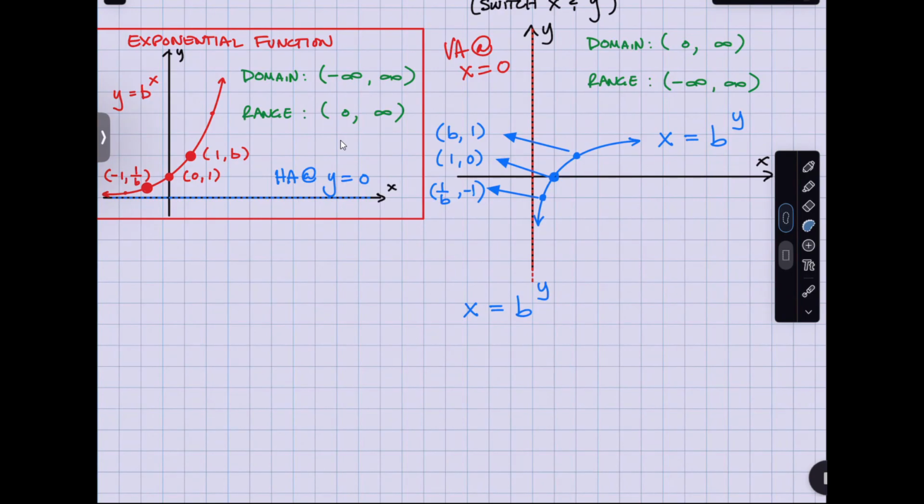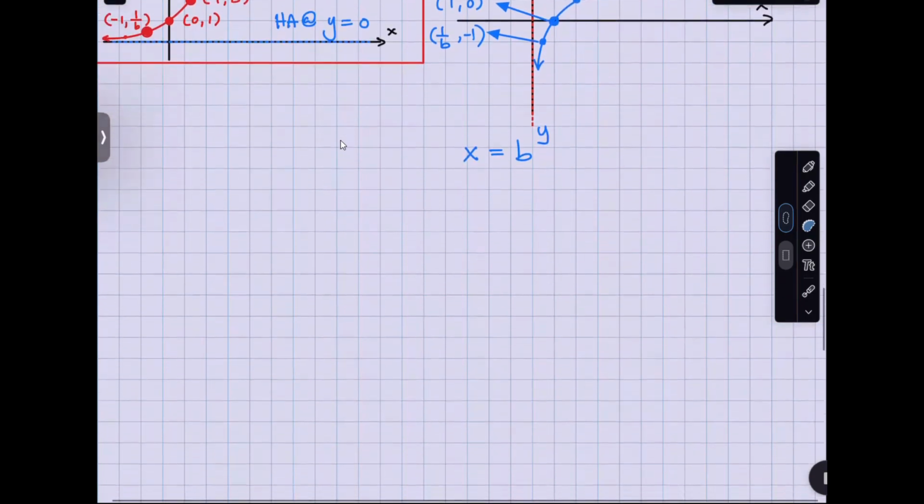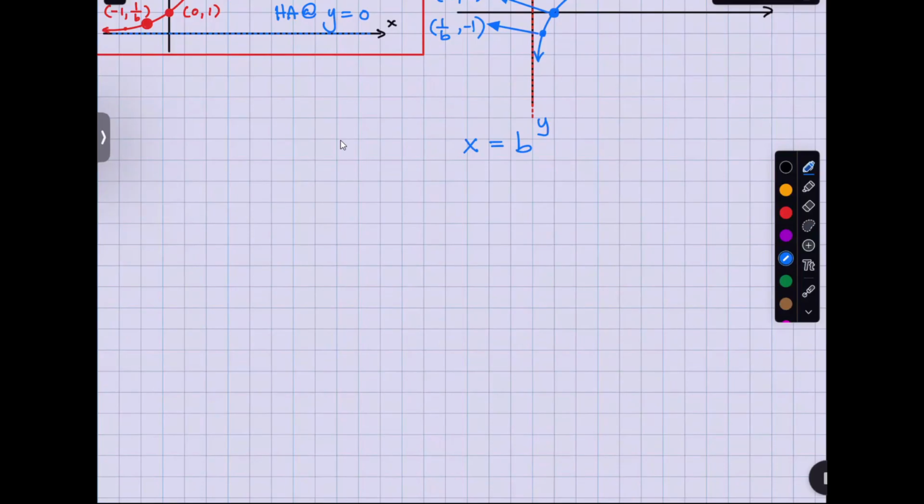Okay? So in the log form, this is the problem with logarithmic functions. There are two forms. This is one form. We call this the exponent form. And then there is the log form.